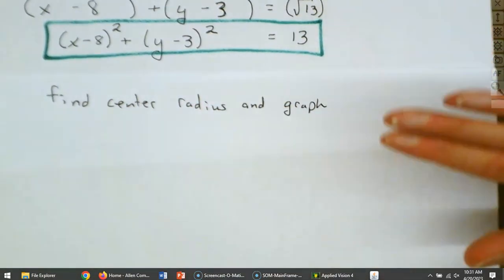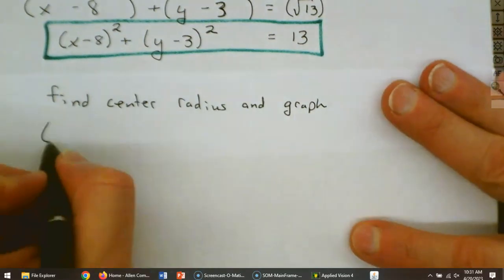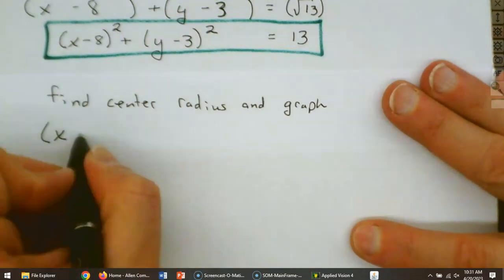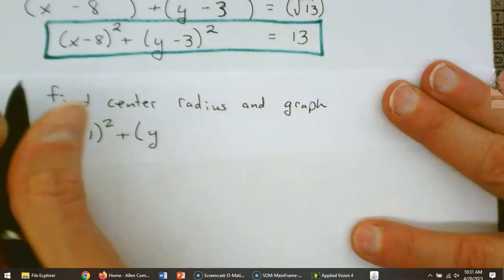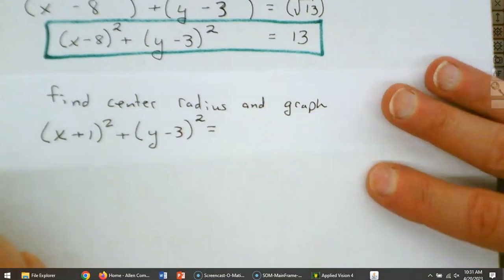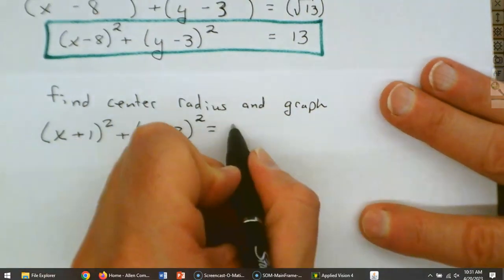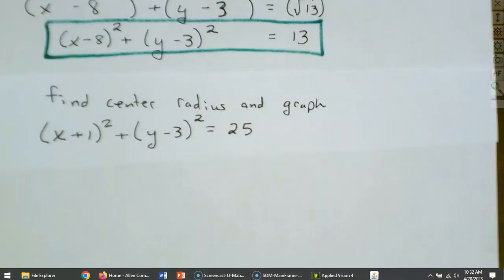So find the center, the radius, and graph. x plus 1, quantity squared, plus y minus 3, quantity squared, equals 25. Okay, so we're going to do exactly what we did a moment ago.